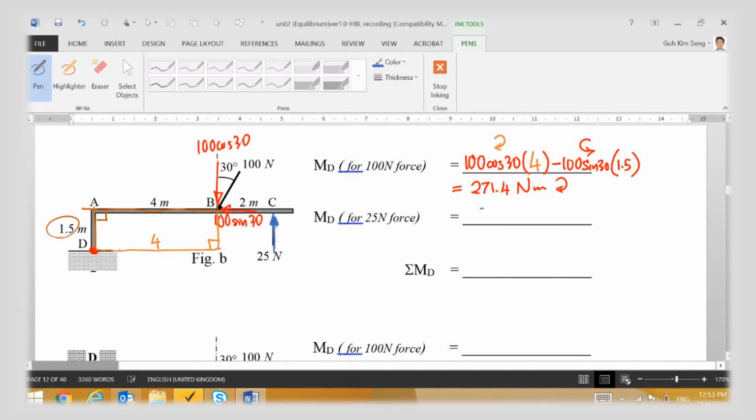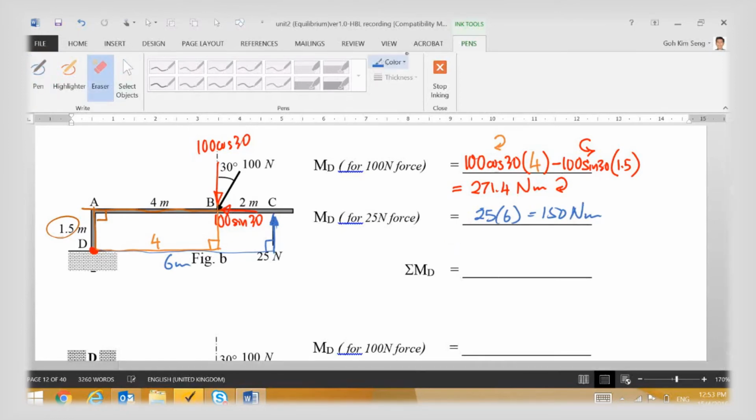As for the 25 Newton, the distance is 6 meters. So we have 25 times 6, which is 150. Now we are ready to do the summation.